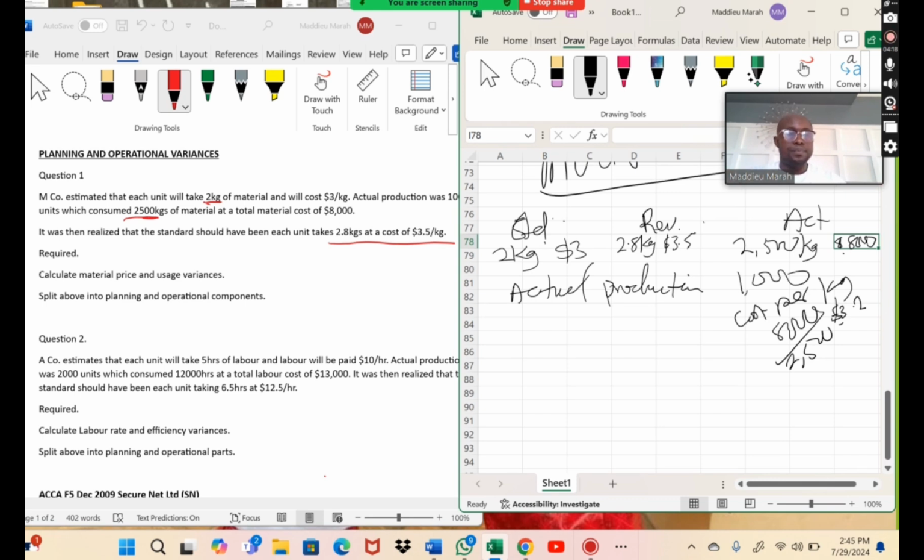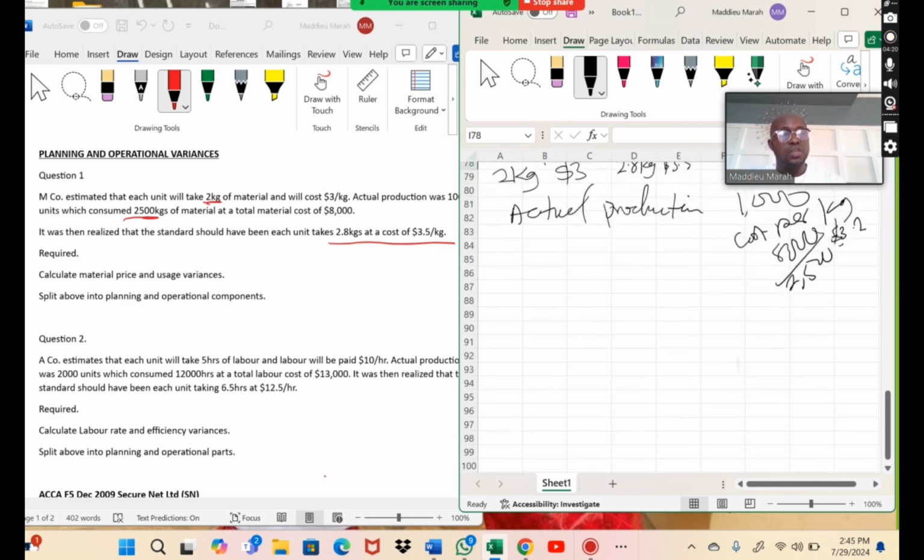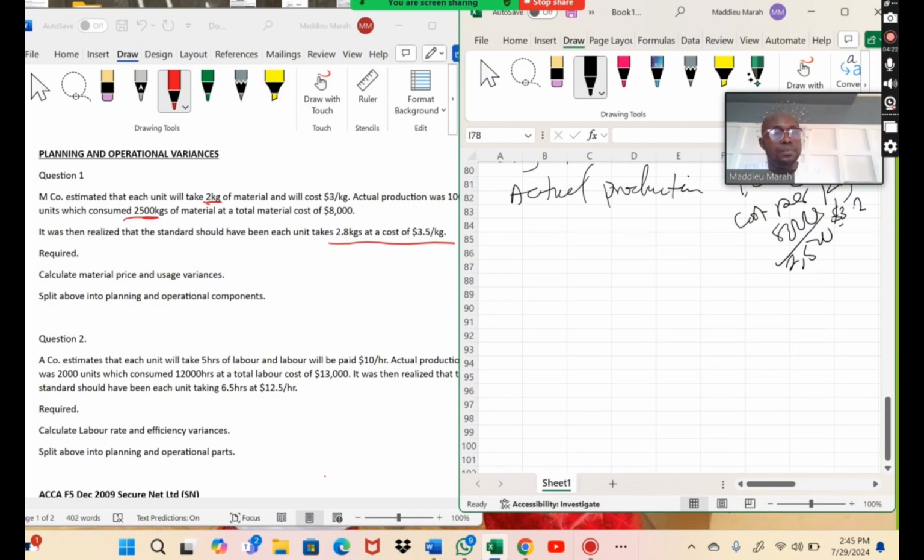Okay, so let's move on with the calculation now. So our material price variance first. Let's go. Material price variance. Remember, I said it's standard price minus actual price multiplied by actual quantity.